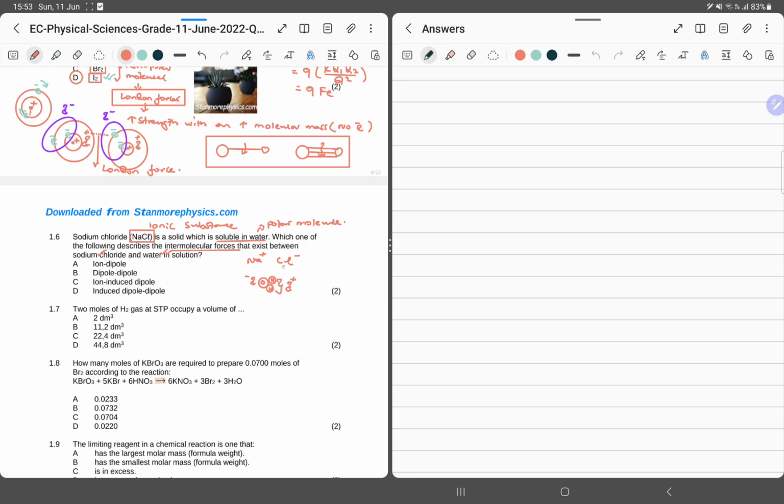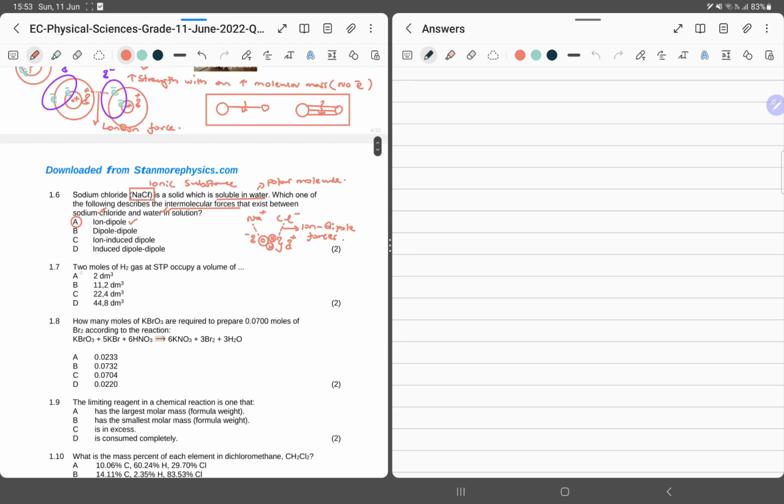The chloride ion will be attracted to the positive end, whereas the sodium will be attracted to the negative end. And these ones are the so-called ion, because now this is an ion involved. So this is an ion dipole, because the water molecule is a dipole. So we call them ion dipole forces. All right, so that is going to be A. Okay, a bit of theoretical knowledge is important in this case.